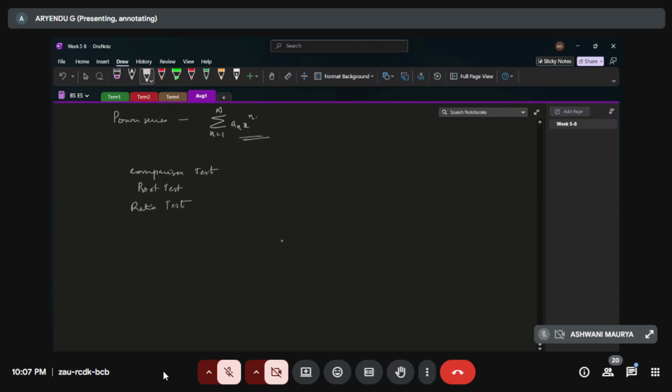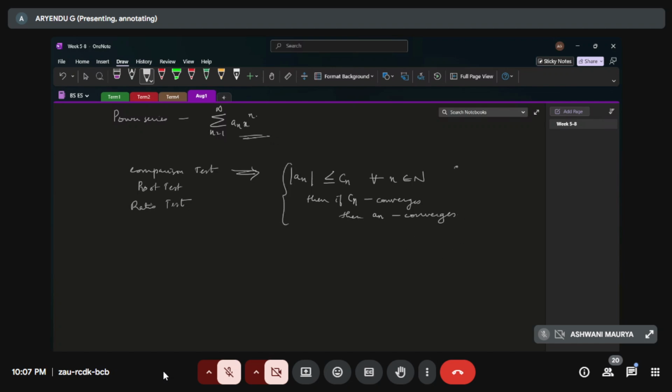So the comparison test says that for a series a_n, if a_n is less than another series c_n for every value of n belonging to the natural numbers, then if c_n is a converging series, a_n will also be converging.